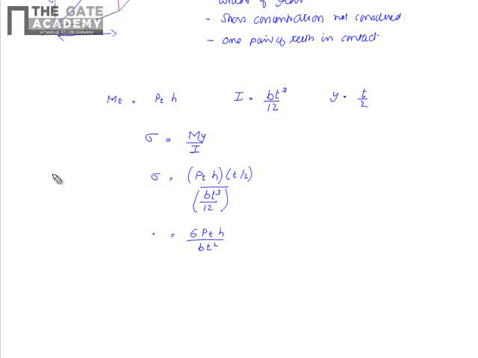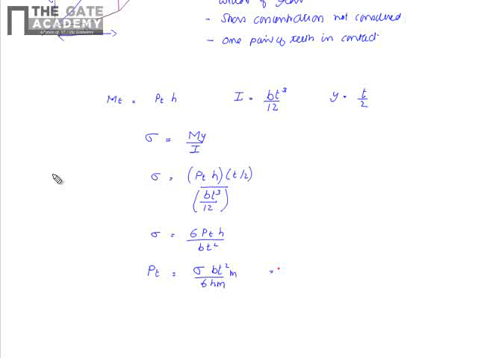The bending stress will be given as 6 Pt h by b t square. So from this we can say the tangential force Pt should be sigma times b t square divided by 6h. Now I multiply the numerator and denominator by the module m.